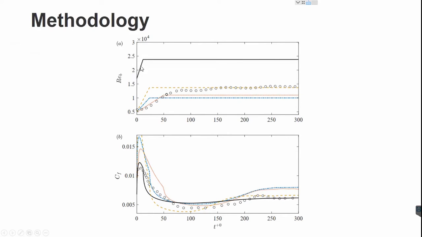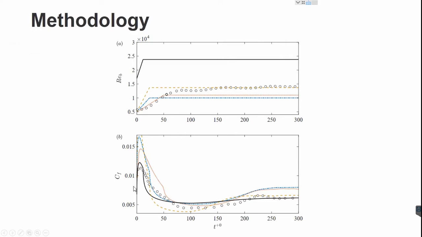Of course, the Reynolds number increases, and then we keep the velocity or the flow rate steady for a long period of time until we again get the universal loss of turbulence. We conducted these numerical experiments with different initial and final Reynolds numbers, and also different acceleration rates.